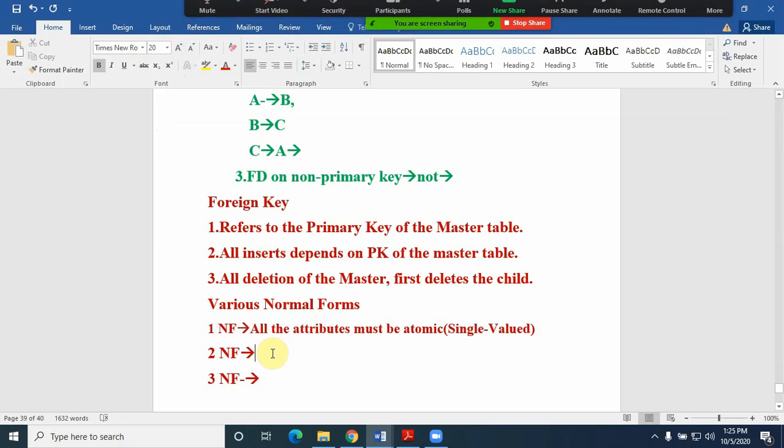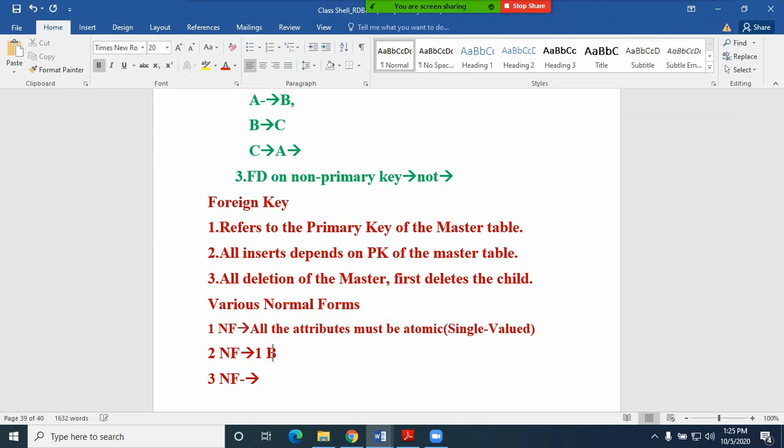Coming to the second normal form, the fundamental condition is it should be in 1NF plus all non-key attributes should fully functionally depend on the primary key.